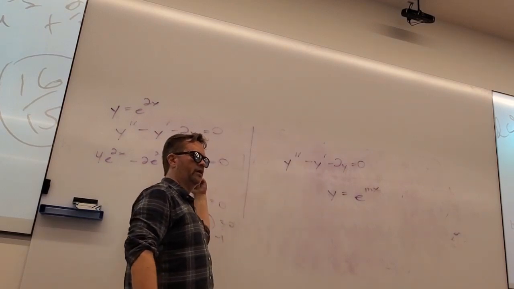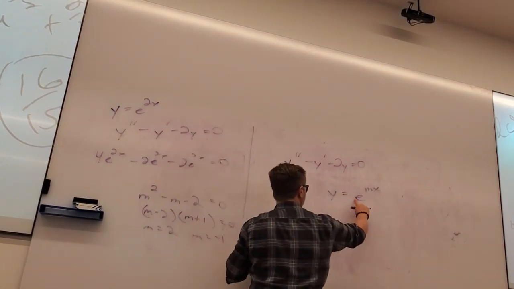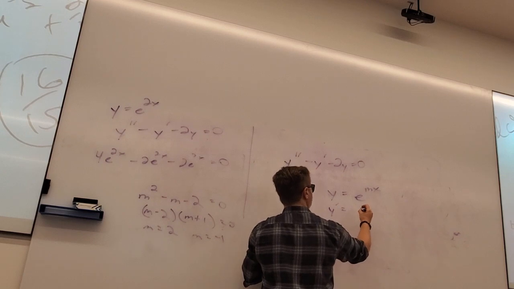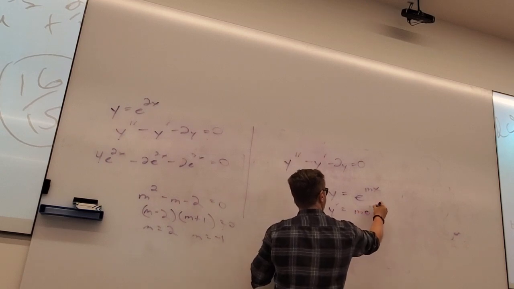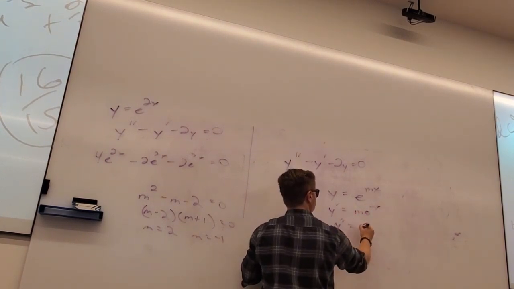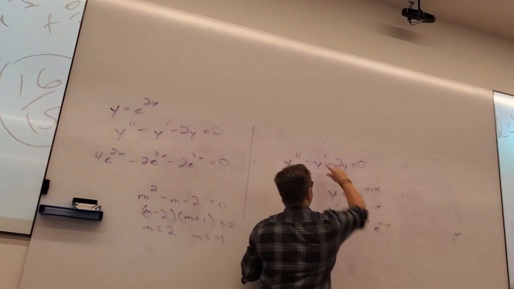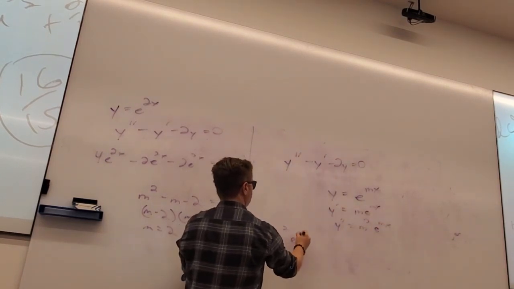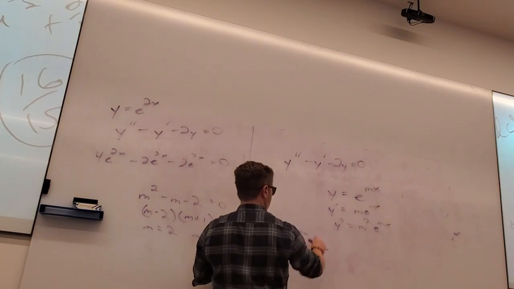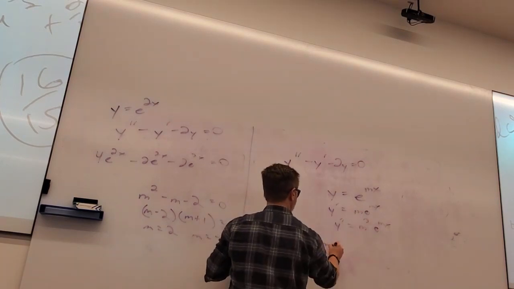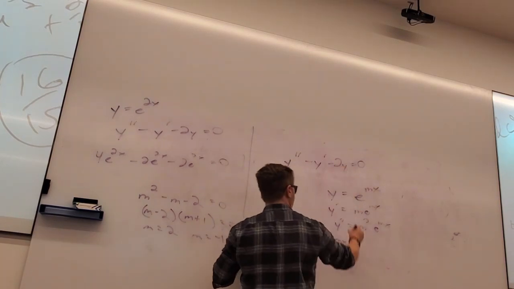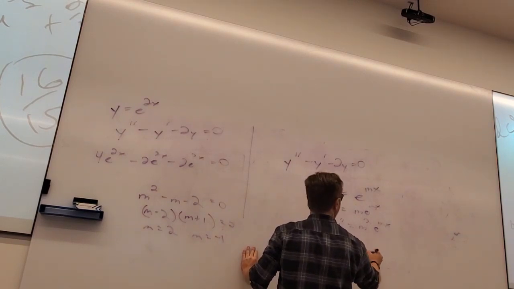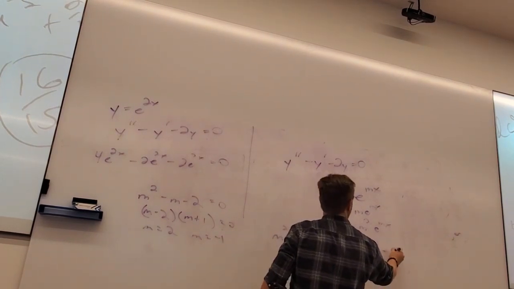Just like you saw over here. If I assume the answer is this, what's y prime? And what's y double prime? Then if I plug that in, I get m squared e to the mx minus m e to the mx minus twice e to the mx equals 0.